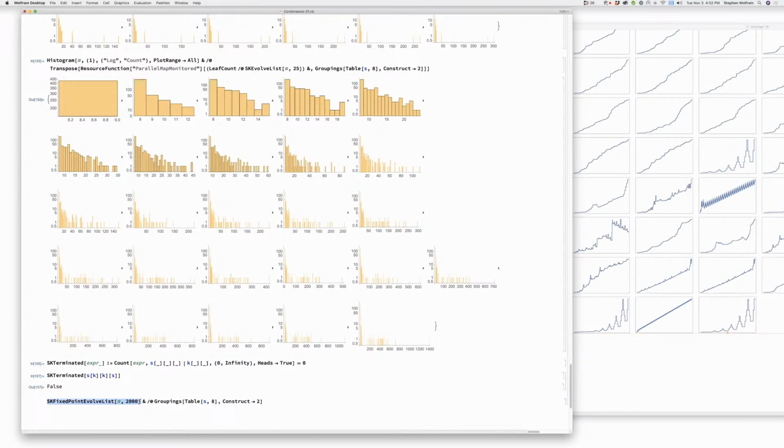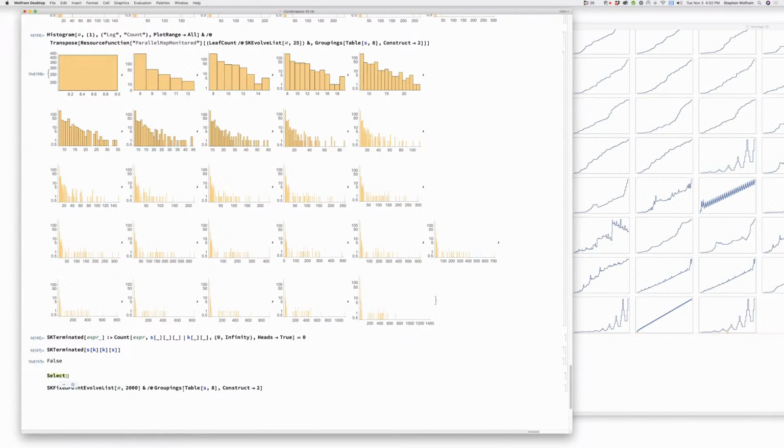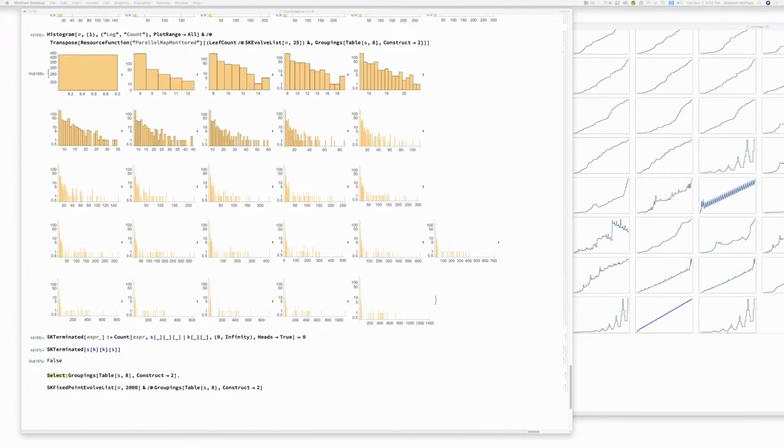What I want to do is select in this groupings thing for all SK forms for which... actually, let me just go ahead and do this. Where's my SK? Okay, I need to change a little bit of code here. Let's see if this is right.